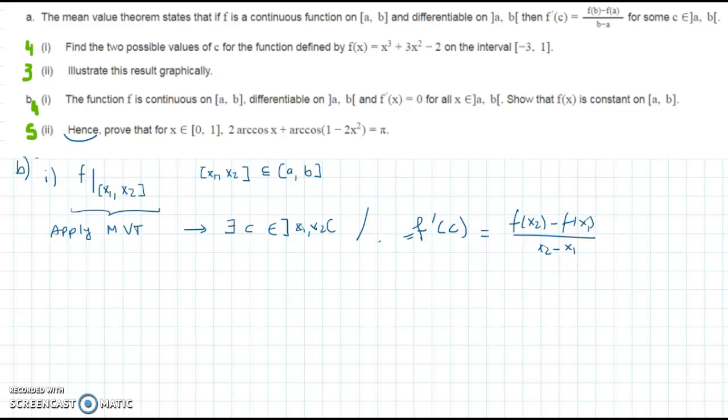But this is 0, because the derivative is everywhere 0. So what we are saying is that f of x2 is equal to f of x1. And that was for any values x2 and x1 that we wanted to consider. So then we can conclude that f is actually constant.